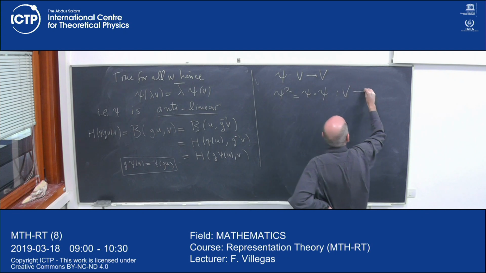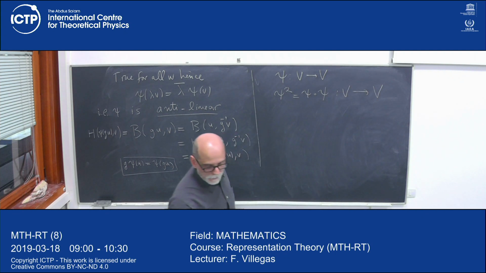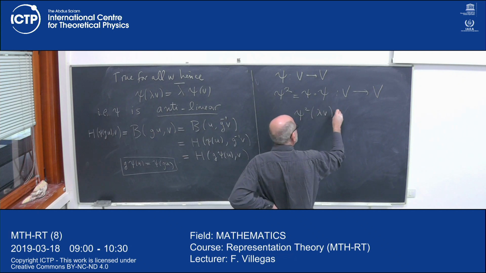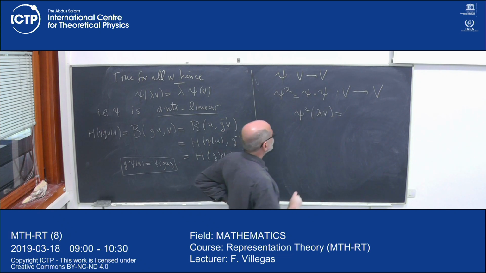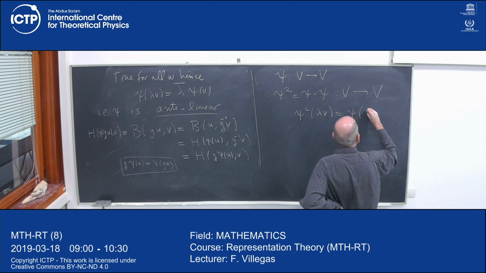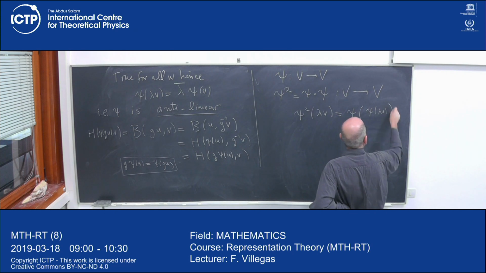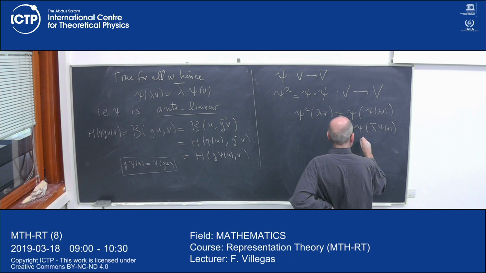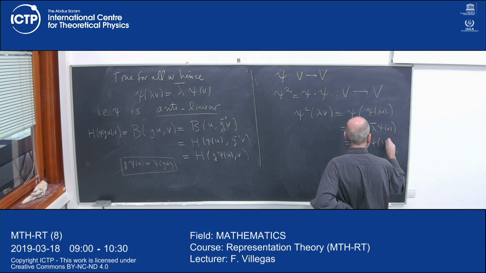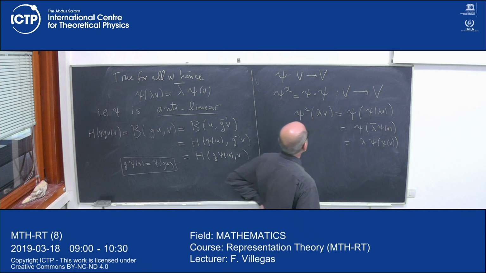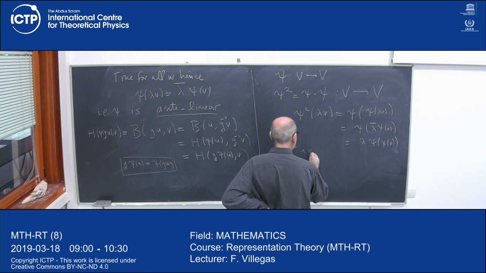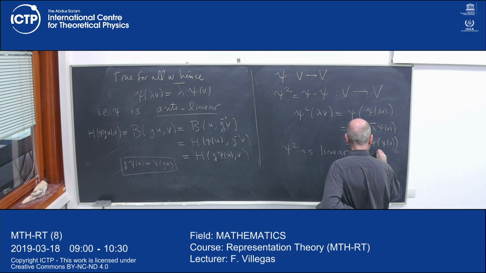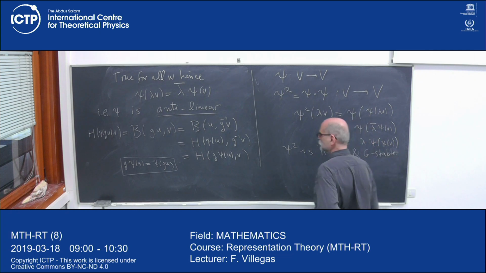This also goes from V to V. But now psi squared is linear, because if we compute psi squared of lambda v, this is psi of lambda bar psi of v, which is lambda psi squared of v. So psi squared is linear and G stable.